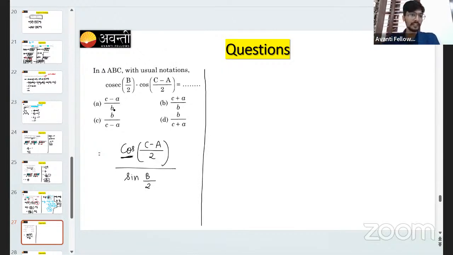And also you can see in the options, we only require sides. Means we need to get rid of the angles, I need to convert angles to sides.